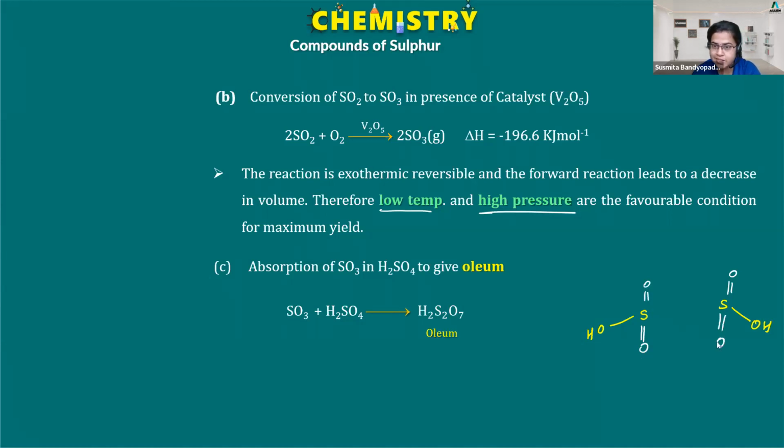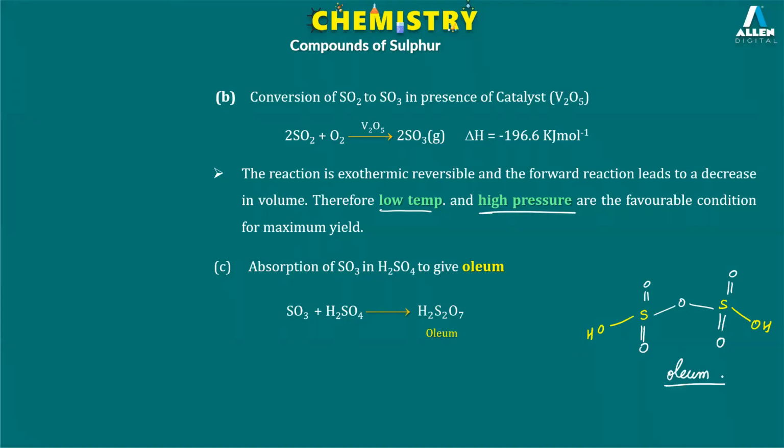Sulfurs you'll draw. H will always be attached to O, and OH will always be attached to sulfur. Always. This is true. SOH, SOH. Then 2 OH, 2 O's gone. How many O's left? 5. You know, sulfur can expand its octet. H2S2O7. Oleum, is it correct?